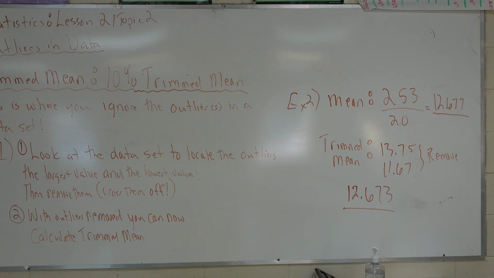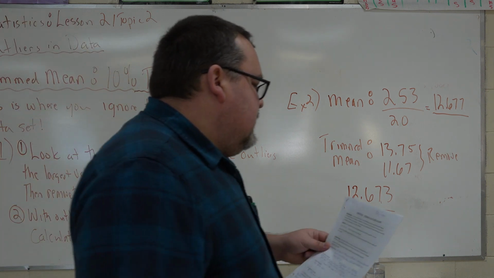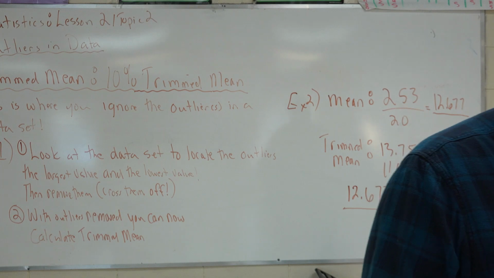Figure out the regular mean, including the outliers or outlier, and then remove the outlier or outliers and do the trimmed mean again. You may have both a low number and a high value number, or you may only have one, but in most cases when it's 10% trimmed mean, you take away the lowest value and the highest value. That is Statistics Lesson 2, Topic 2, Outliers and Data.